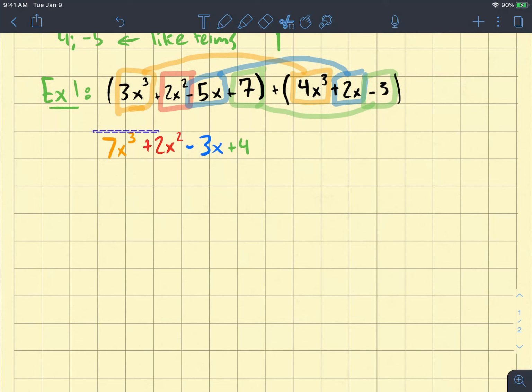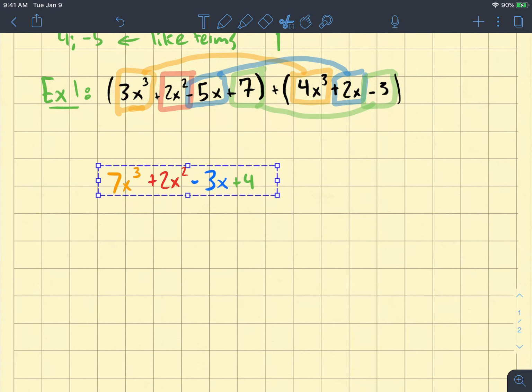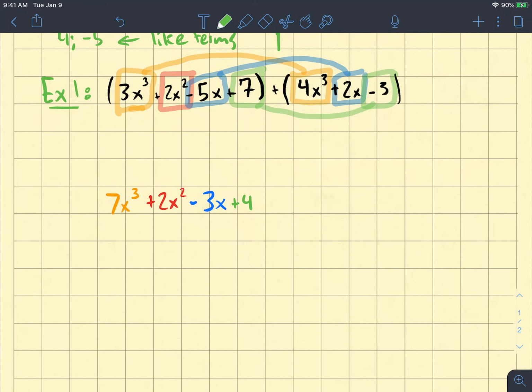And if you need some more clarity as to how we got this, let me just write this down. So basically what we did was 3x cubed plus 4x cubed, right? We're grouping that together.